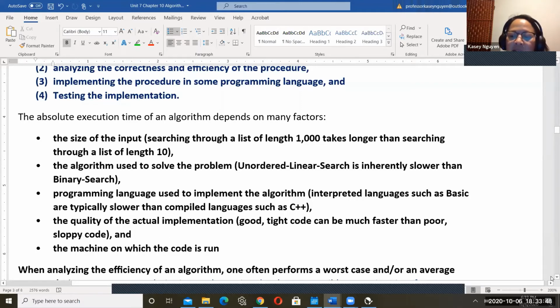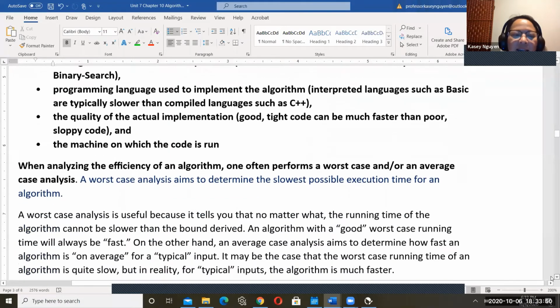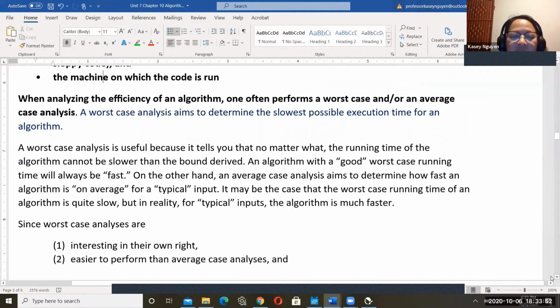So we need to think about worst case analysis. Here it talks a little bit about that: what would be an average or typical input, how fast is fast, right? So we always evaluate our program based on worst case running time.